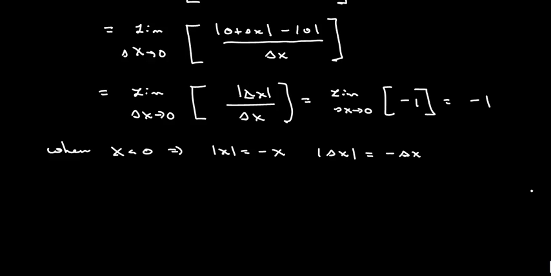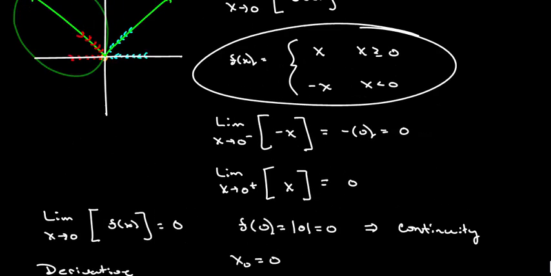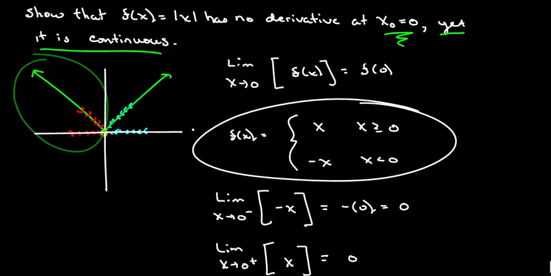However, when x is greater than or equal to 0, the absolute value of x will be equal to x, which means the absolute value of delta x is delta x. Remember, it's not so much that we're coming in from the left side or the right side, and it is, but the delta x value would be negative over here, positive over here.